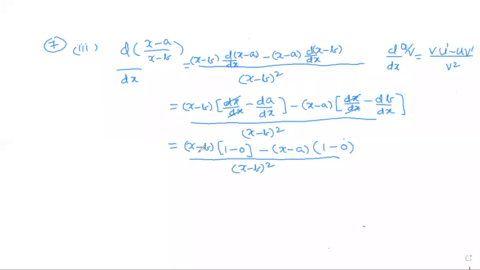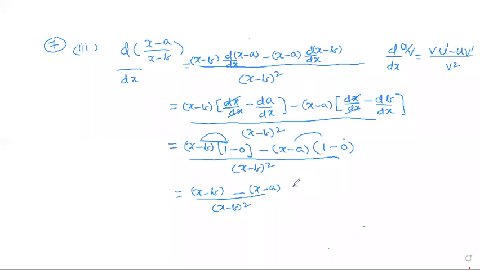Next, multiply: (x minus b) into 1 is x minus b. (x minus b) into 0 is 0. Then minus (x minus a) into 1 is x minus a, and (x minus a) into 0 is 0, by the denominator (x minus b) whole squared.